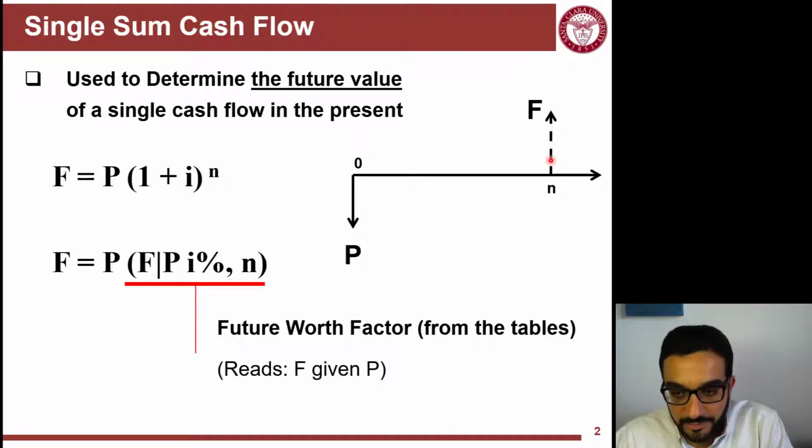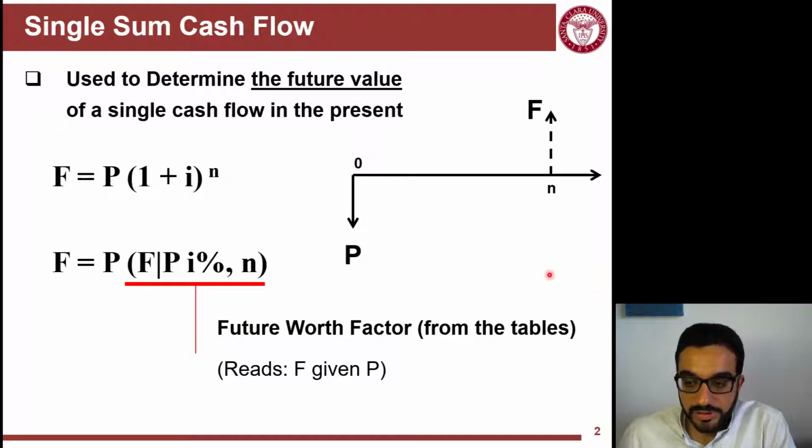Or really, you will do a lot of things with economics with computers, but to learn the basics, we'll learn formulas and tables, factors. So here F is equal to P times a factor called F given P. This is how you say it, F given P for interest rate i and number of years n.